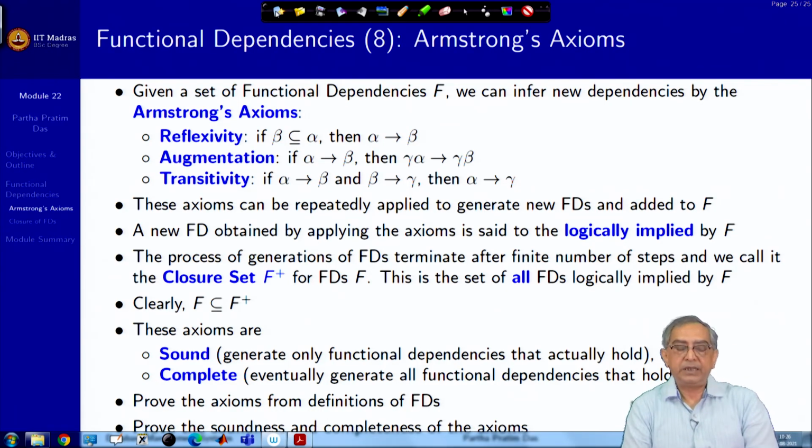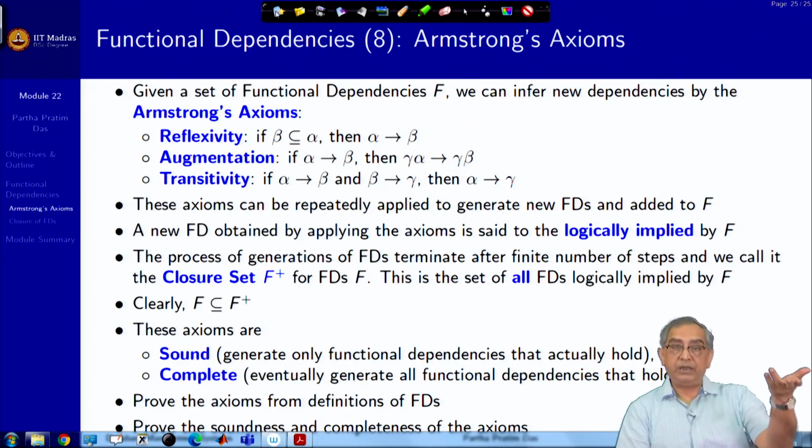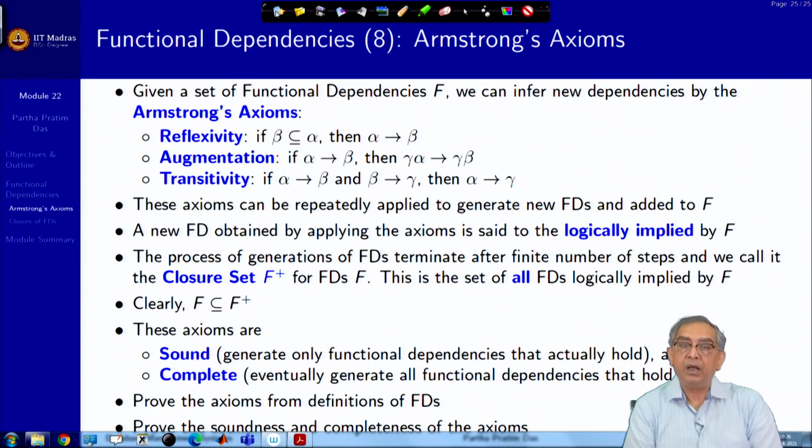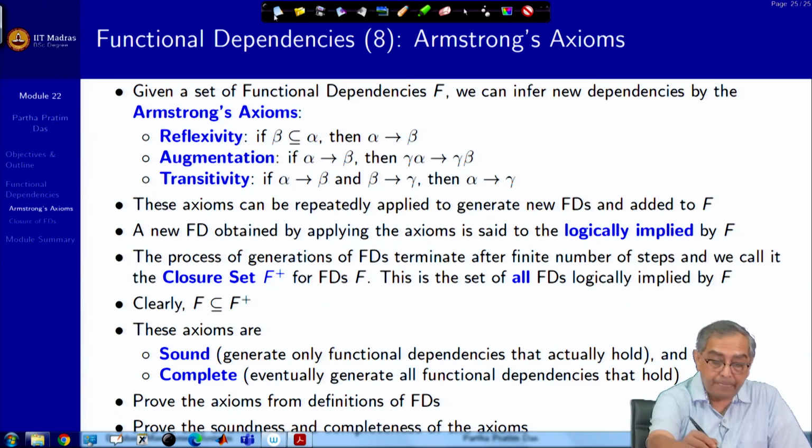Since it is not implied from that, obviously it is not in the original set F. And if it is not in the original set F and it still holds, then it must contradict one of these laws. So, think over this, work it out. Prove these axioms from the definitions of functional dependencies, and also prove the soundness and completeness of the axioms to understand them better.